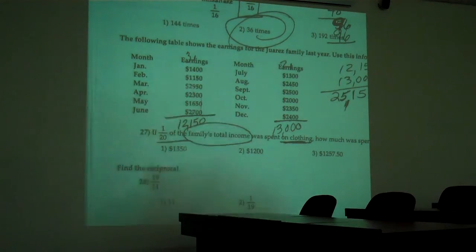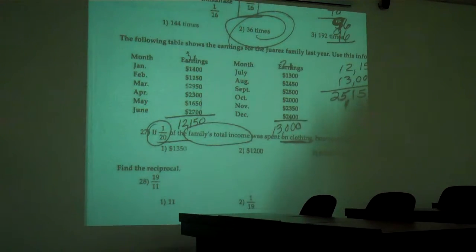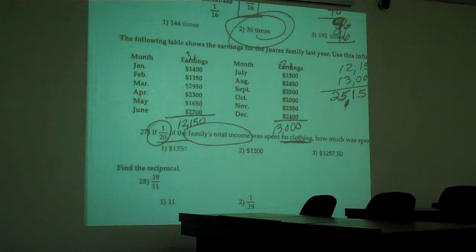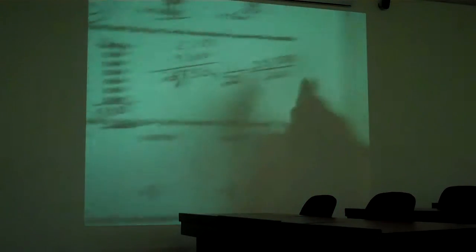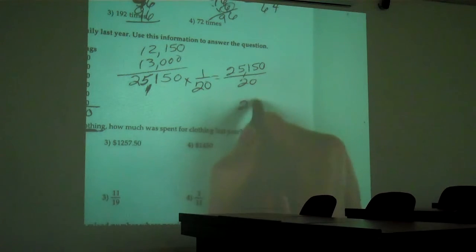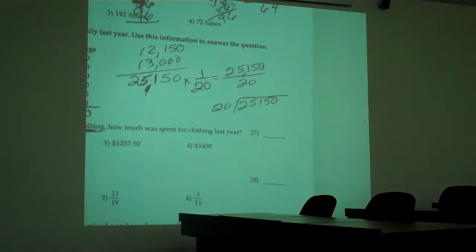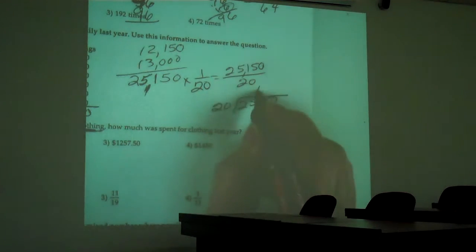Now, if 1/20 of it was spent on clothing, you're gonna have to do that times 1/20, right? Or divide it by 20. 25,150 will be divided by 20. Here we go again. 20 is an easier number to divide by though. 20 goes one time.